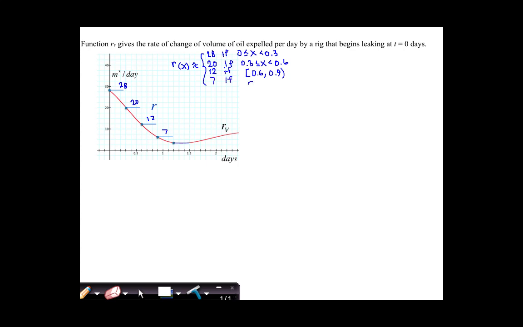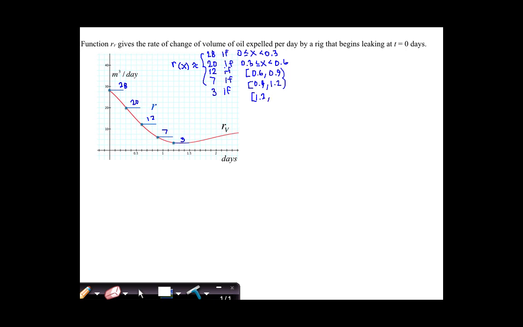If I'm between 0.9 and 1.2 days, then this last one looks to be maybe 3. But we have 5 constant rates in any case. So each rate applies in a different interval.